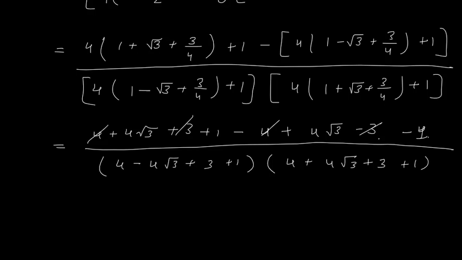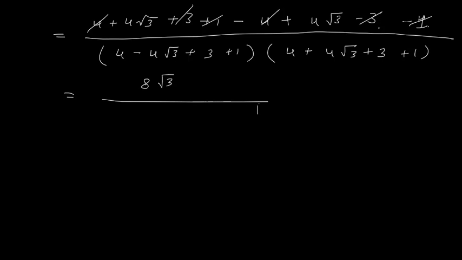Now minus 3 plus 3 cancel, plus 1 minus 1 cancel. So 4 root 3 plus 4 root 3, I have 8 root 3 in the numerator, and my denominator will be 4 plus 3 plus 1, 4 plus 4 is 8, minus 4 root 3, and here it is 4 plus 4 is 8, 8 plus 4 root 3.